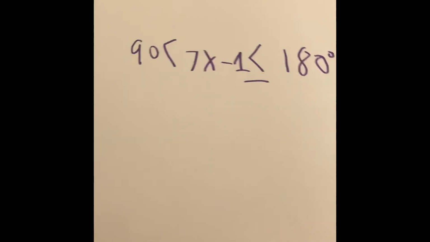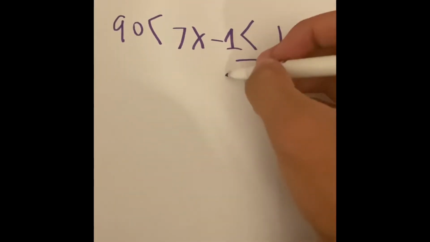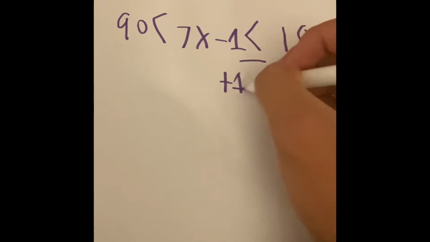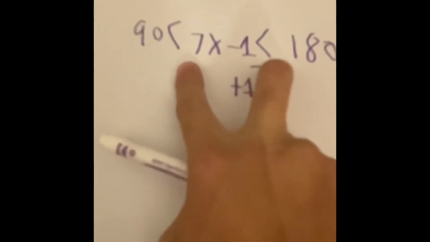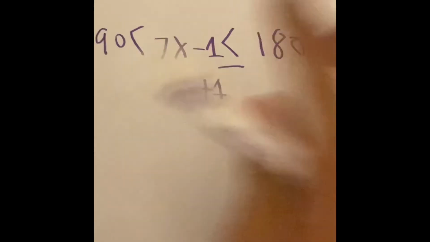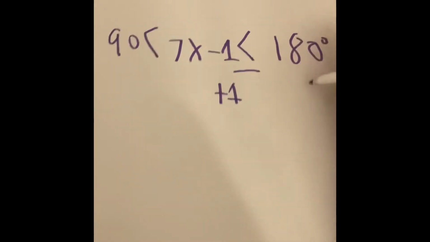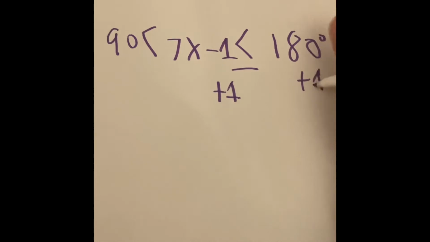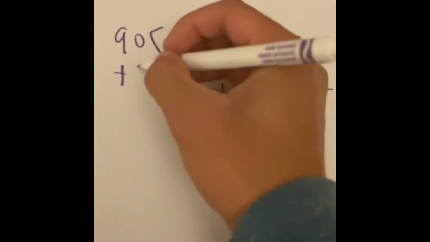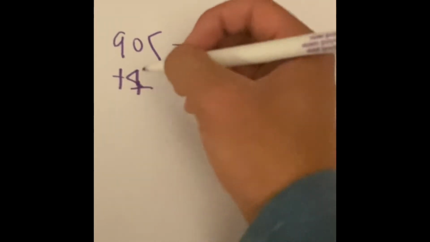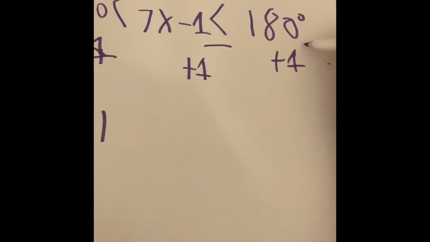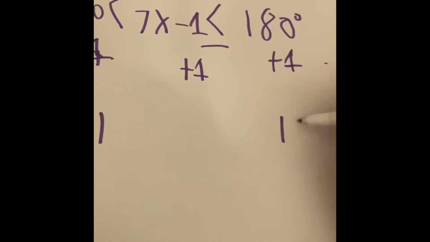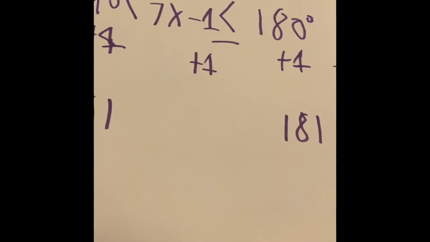So let's start simplifying. What we can do is add 1, and since we have two symbols that act like equal signs, we can do double damage and add 1 to this and add 1 to this. 90 plus 1 is 91, and 180 plus 1 is 181.